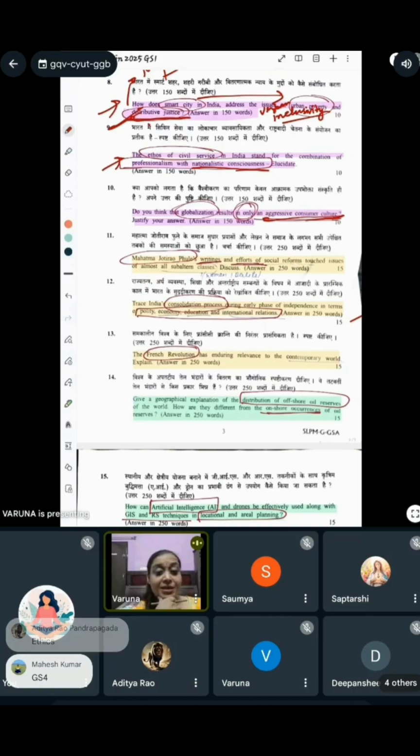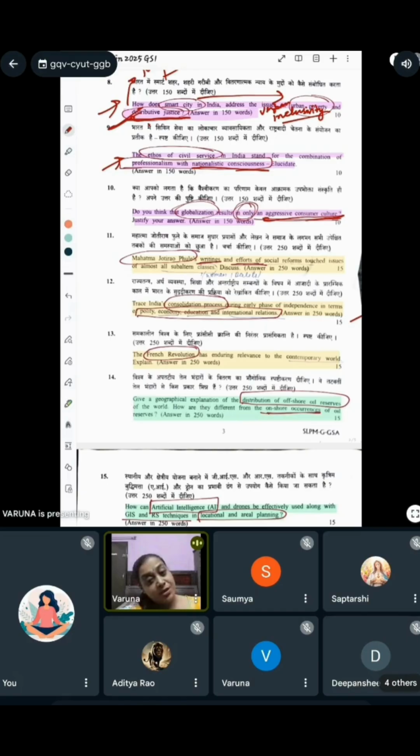Yes, it looks like a GS4 or ethics question, but it has been asked in GS1. So we must have prepared this particular topic for GS4, like what the ethos of civil services are and what it all means. We must have prepared it there in GS4. But now we have to write this particular answer in GS1.